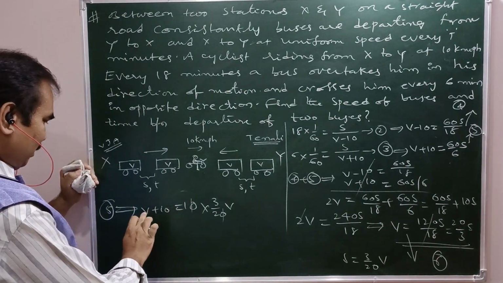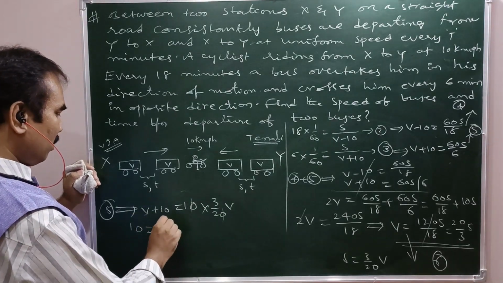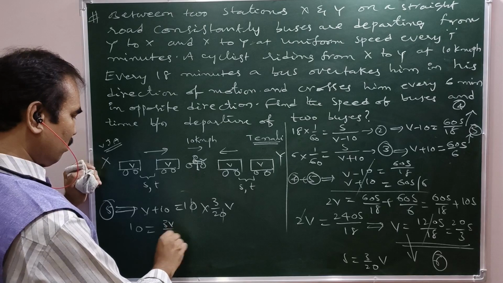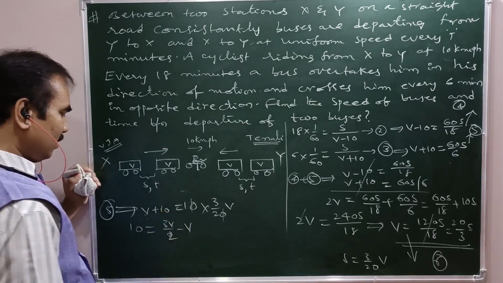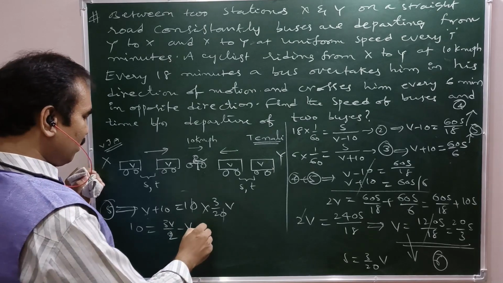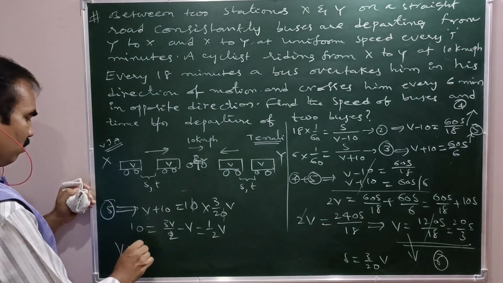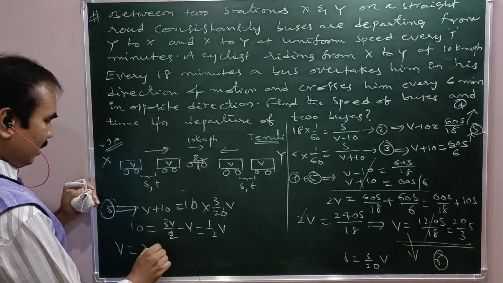Carry this V on to the RHS: 10 equals 3V by 2 minus V, that is 3 by 2 minus 1, which is 1 by 2 V. So V is equal to 2 into 10, that is 20 kmph.